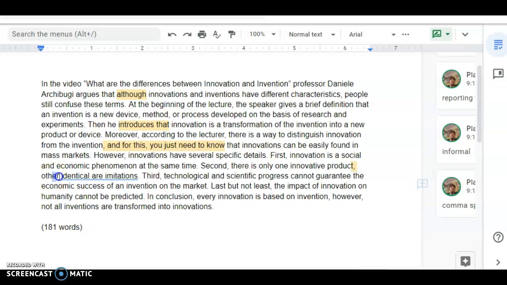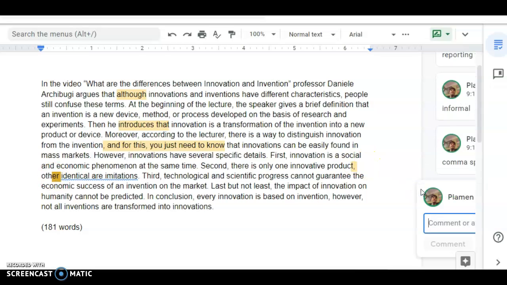Other what? So you also need something here. A noun, right? Only the prototype is the invention, the innovative product, while all other copies are imitations or something like that. I guess that is an important idea actually.